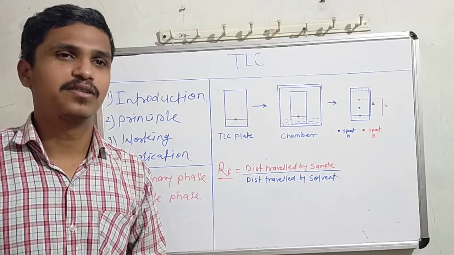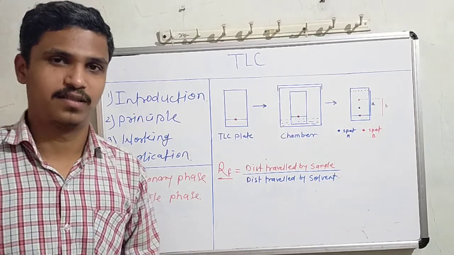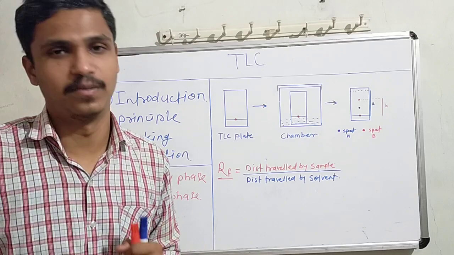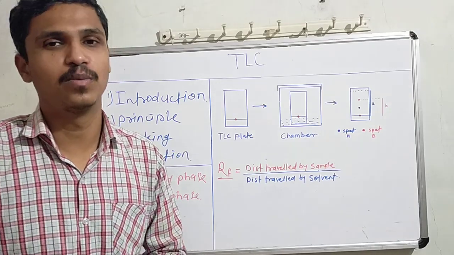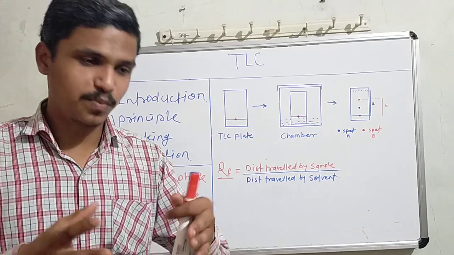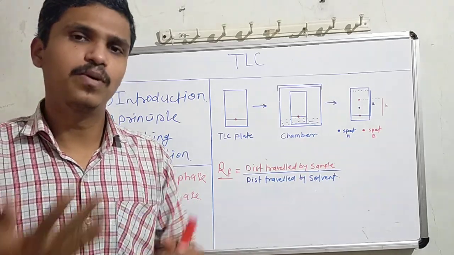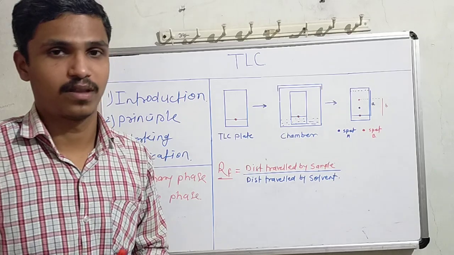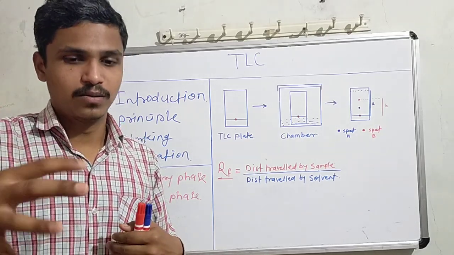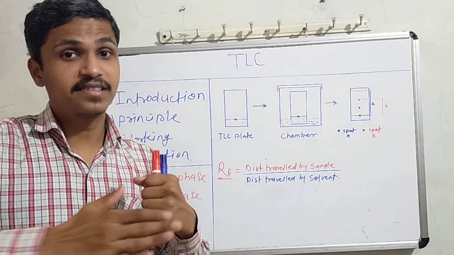Simply, there is a solid surface which can adhere the liquid or gaseous molecules that pass over it. They can adhere those particular molecules of liquid as well as gas, so that the separation is possible. In simple words, there is a relative affinity of the particular molecules towards the stationary phase.